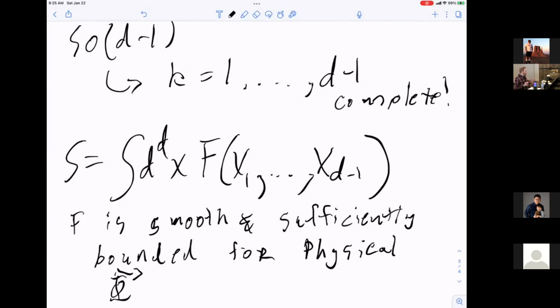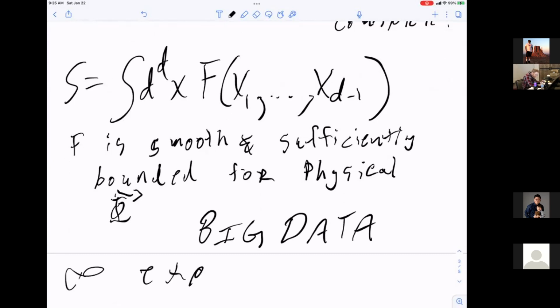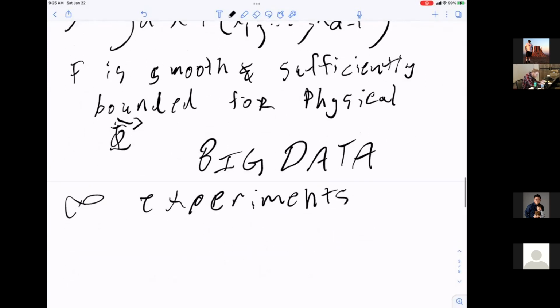Now, if I was a guy in Silicon Valley, then I would think, oh, high dimensional space, I should do some machine learning algorithm, perform big data. Get infinite experiments. And find out what my F is for some particular jelly.